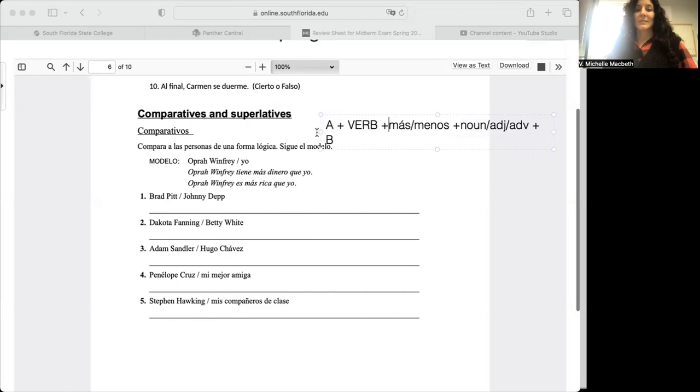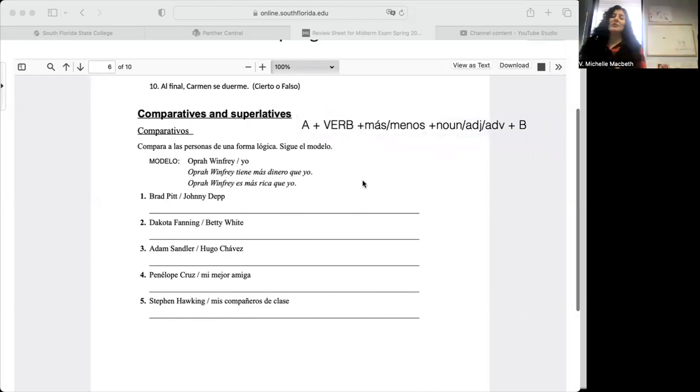So I'm going to add that too. Okay, so I just want to remember what my kind of formula is, right?